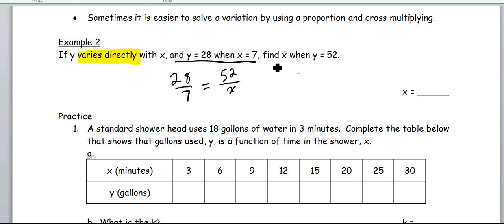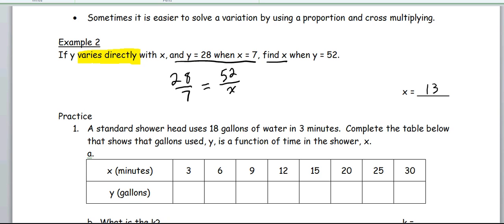Notice here it says find x. So we know we're going to have to write the x. So 52 times 7, and we're going to divide that by 28, and we come up with x equals 13.